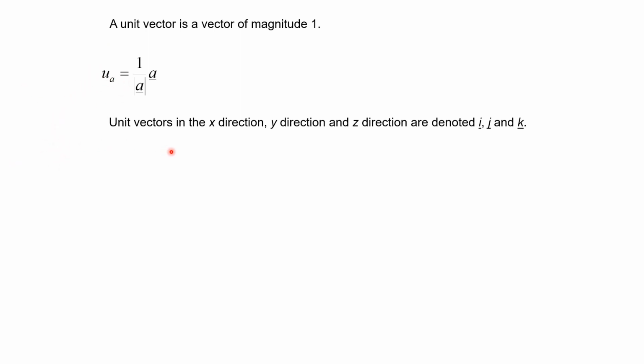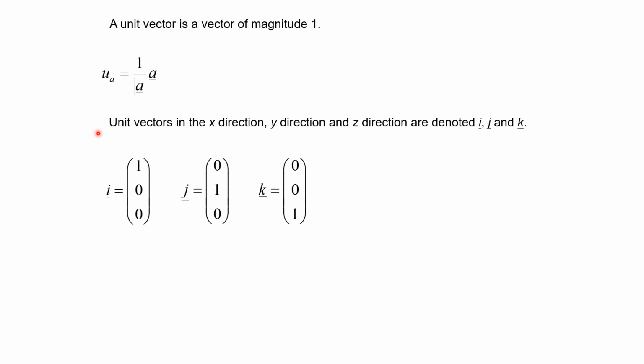And unit vectors in the X, Y, Z directions are denoted using i, j, and k. As you're aware, the coefficient of x represents i, the coefficient of j is y, and the coefficient of k is z. So for example, the unit vector in the direction of x, because i is associated with x, has components 1, 0, 0.